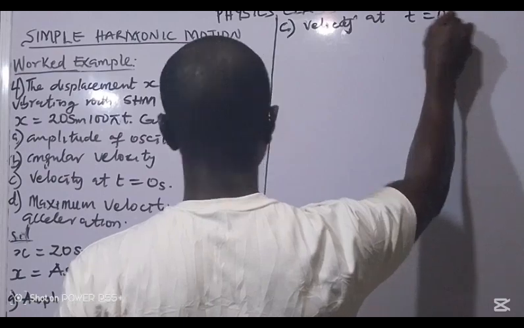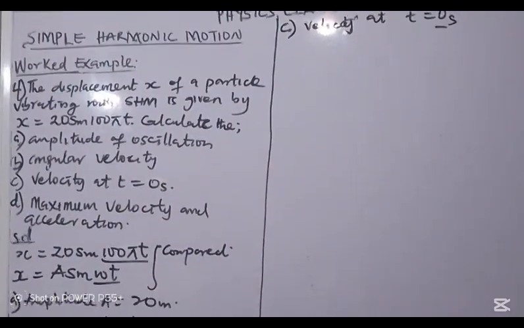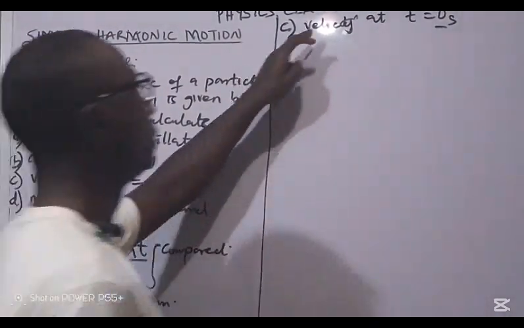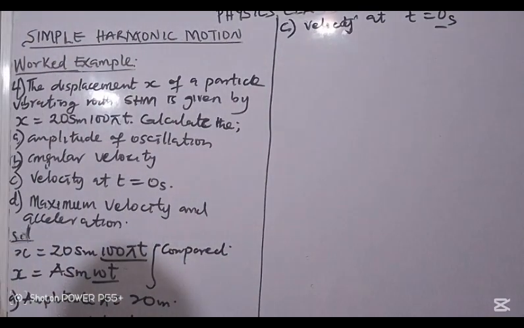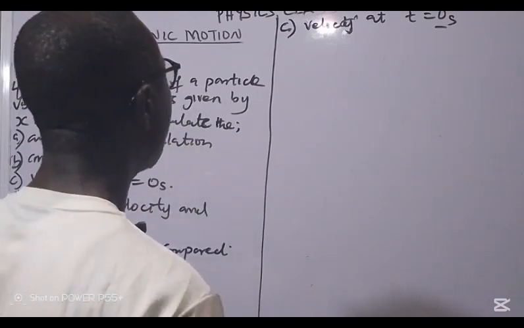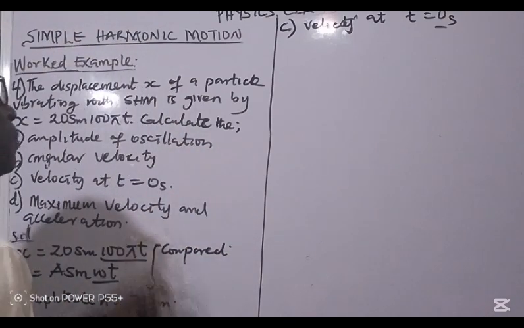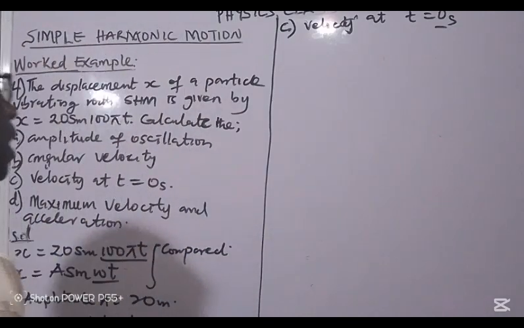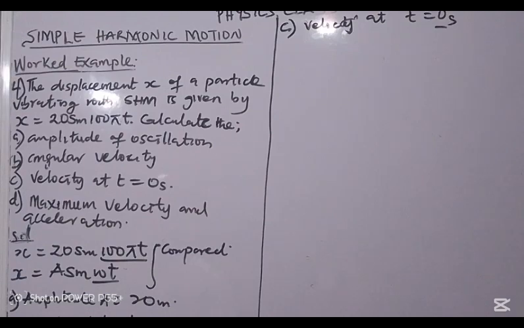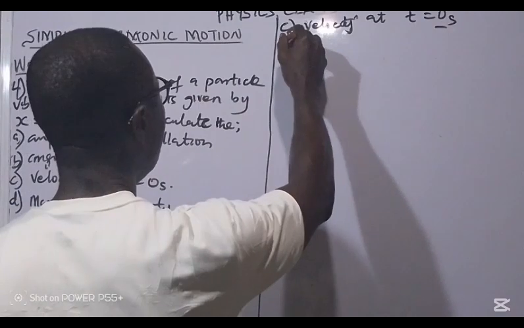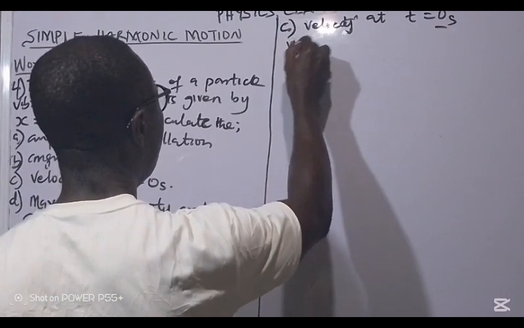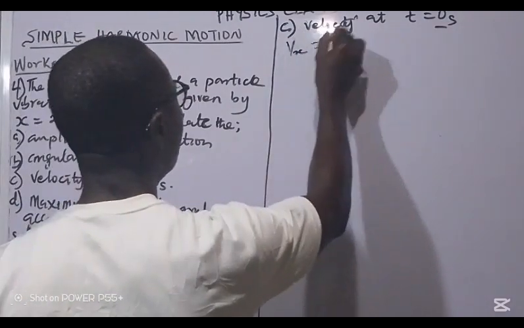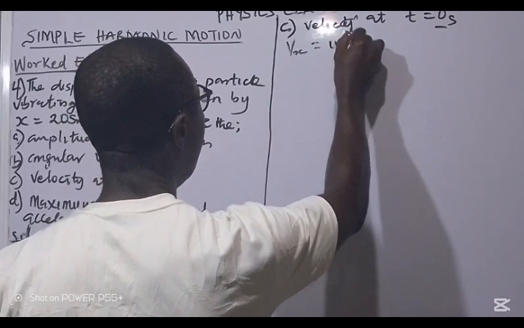Now, if you can still remember, in our last lesson, when an object is moving under circular motion, under simple harmonic motion, the velocity has two components, the Vs component and the Vy. And therefore, the Vs, as we said in our last lesson, is equal to omega A cos theta.